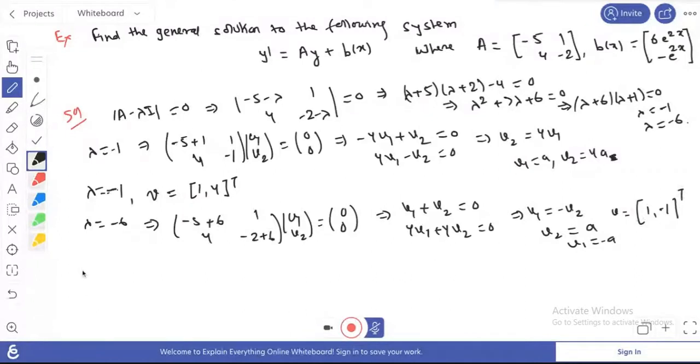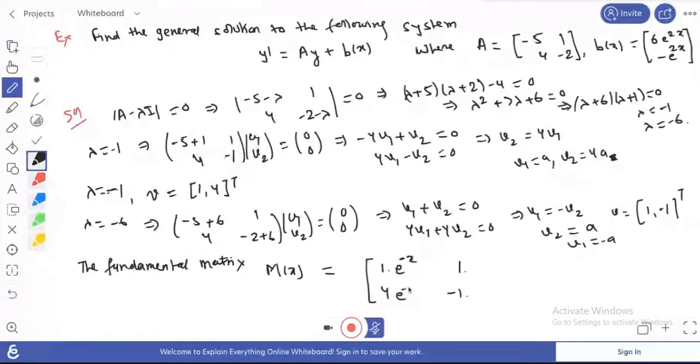So what is the fundamental matrix in this case? The fundamental matrix, mx, equals the eigenvectors 1 and 4, and 1 and minus 1, multiplied by the exponentials of the eigenvalues, minus 1 and minus 6.